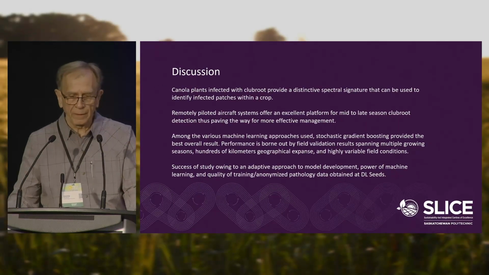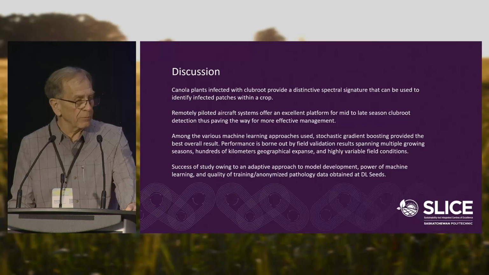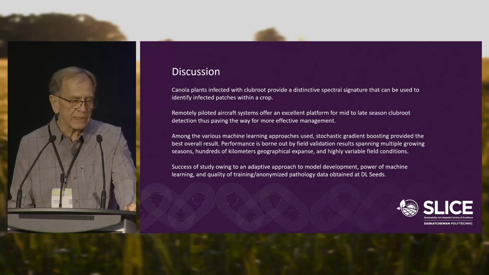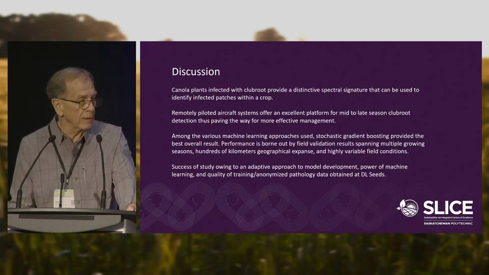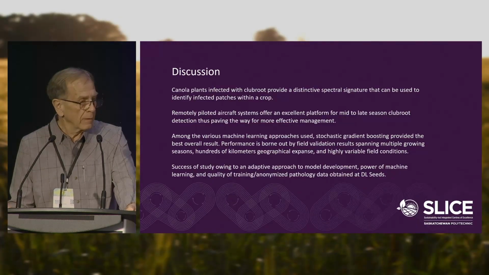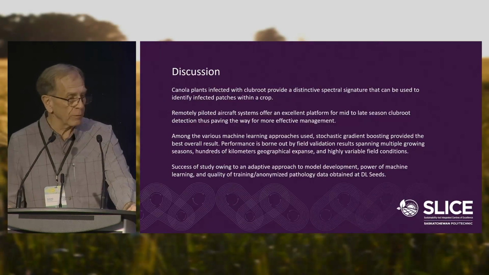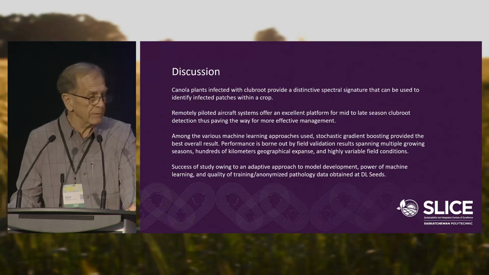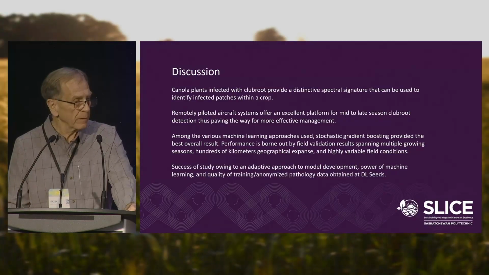So by way of discussion, canola plants were infected with clubroot, and canola plants that are infected with clubroot provide a distinctive spectral signature that can be used to identify infected patches within a crop. Remotely piloted aircraft systems offer an excellent platform for mid to late season clubroot detection, thus paving the way for more effective management.